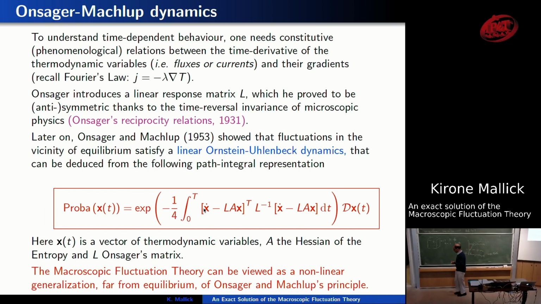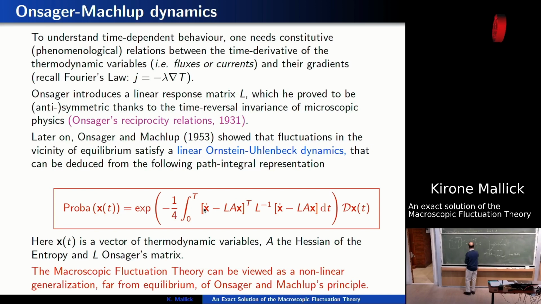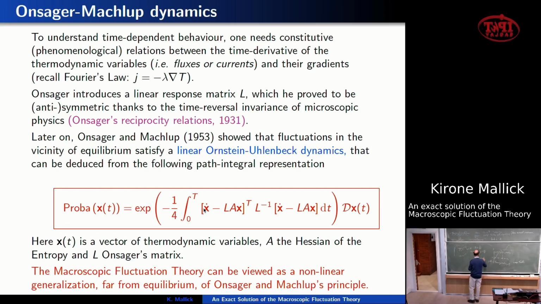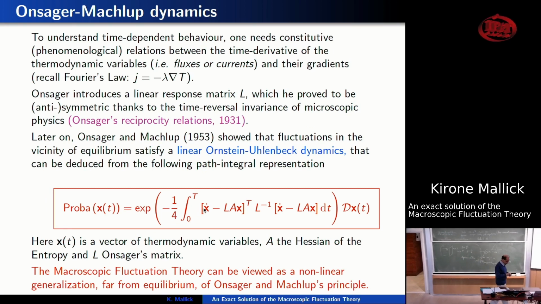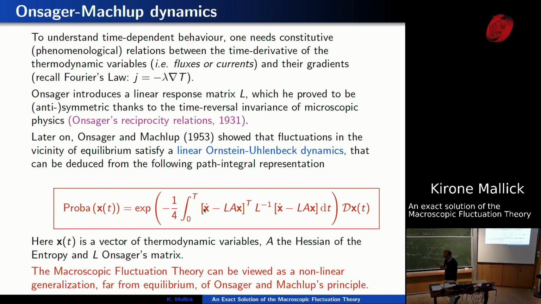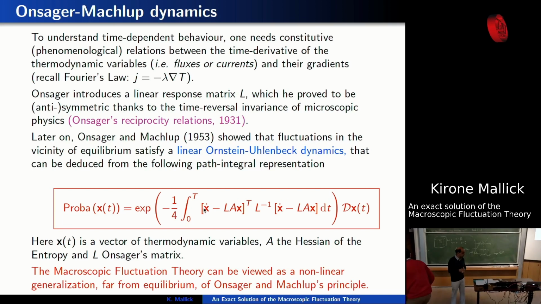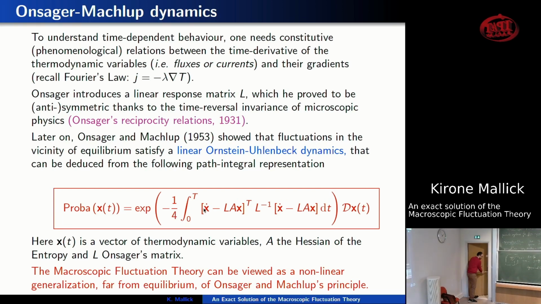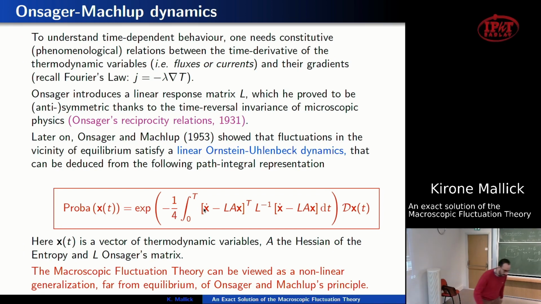So you have to express some dynamical law for variation of your system at equilibrium. And these dynamical laws are essentially phenomenological. They are essentially generalizations of Fourier's law that we all learned, that the current is minus lambda, the gradient of temperature. And Onsager built on that for more general phenomena.